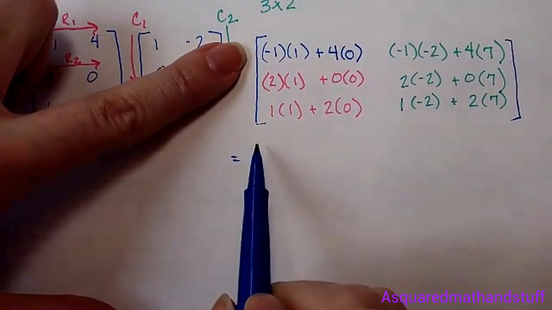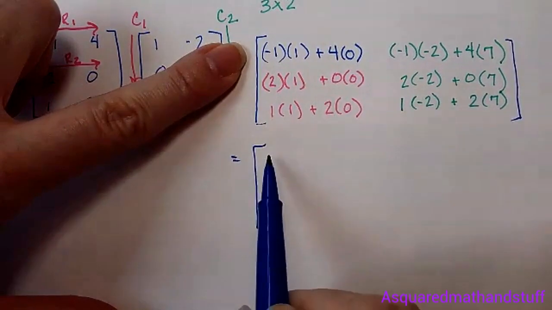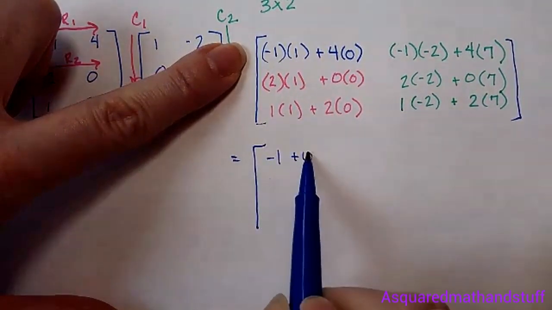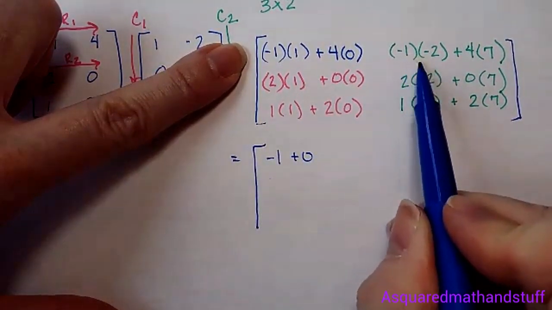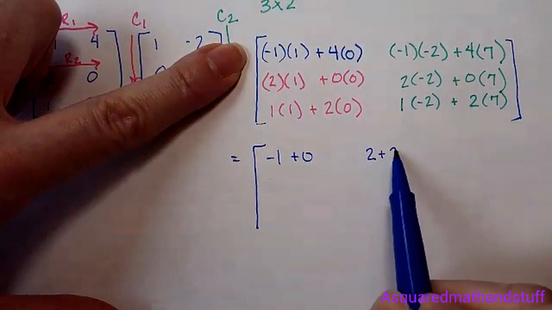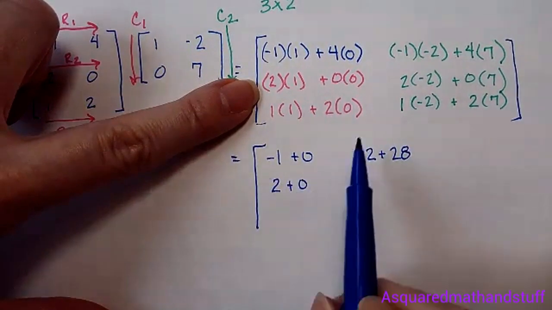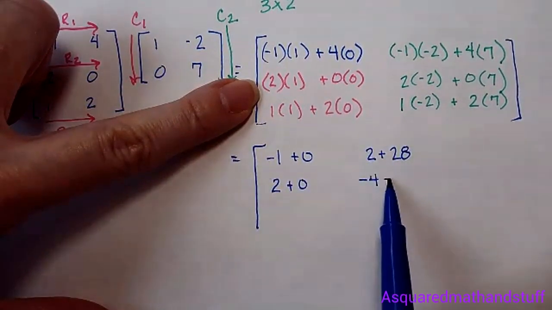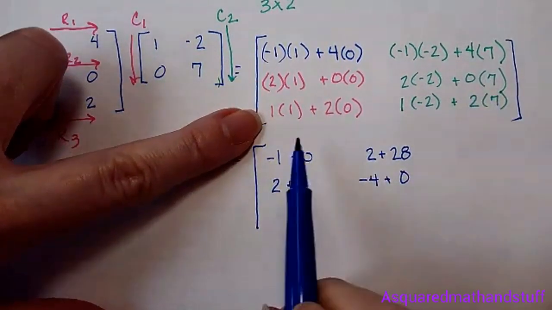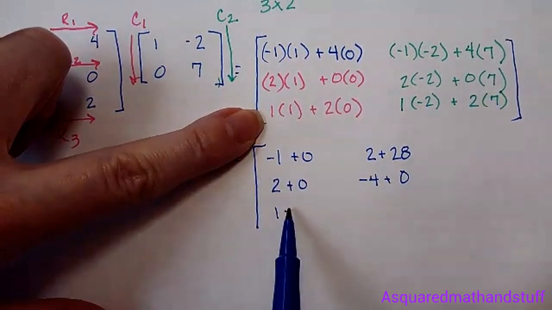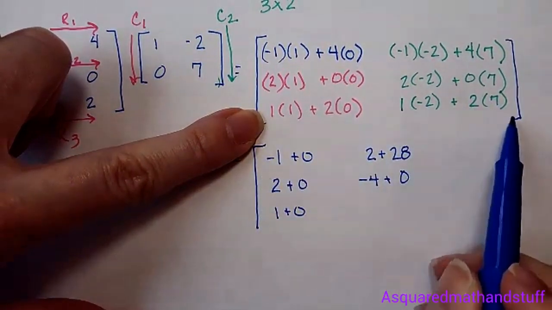We will have -1 plus 0, and then 2 plus 28, 2 plus 0, -4 plus 0, and then 1 plus 0, -2 plus 14.